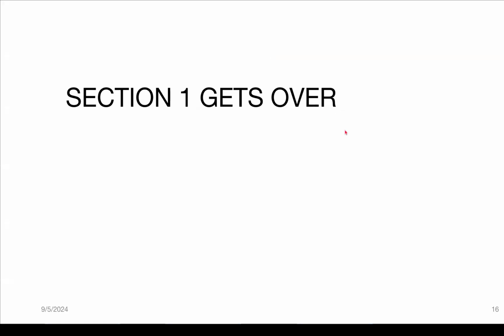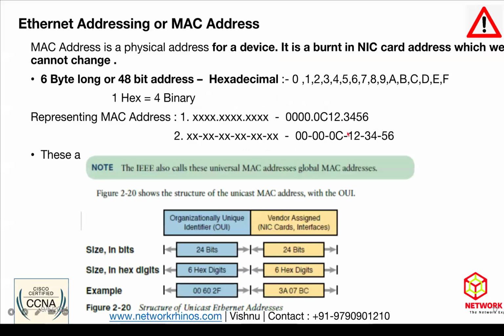So let's understand section 2 called MAC address. As of now you got an idea about IP address, right? So what is MAC address? MAC is a 48-bit address, or 6 byte.